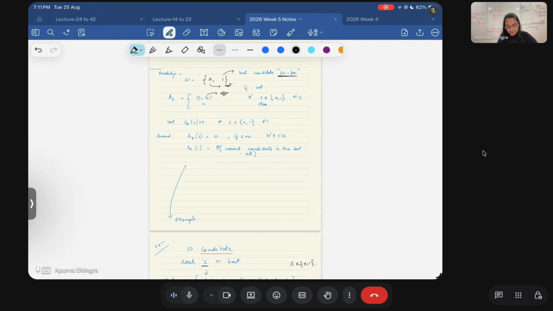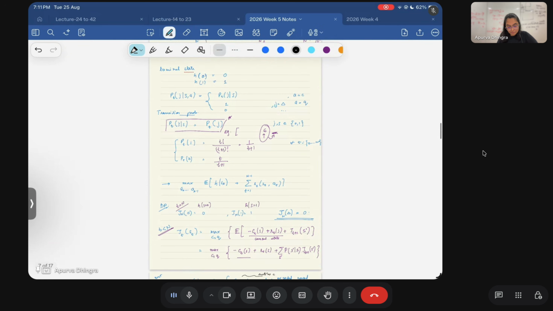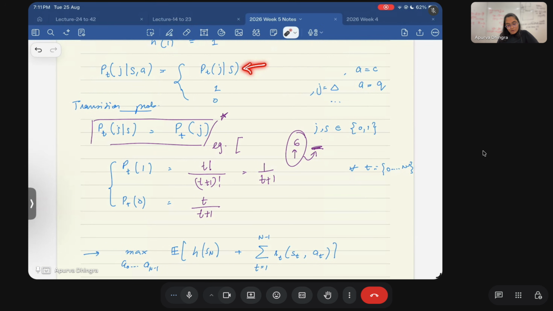Now notice in this problem the variations that I'm talking about. These probabilities will be much more interesting. They will not become independent like here, because there are states s equal to 0, 1 till whatever p you've chosen.